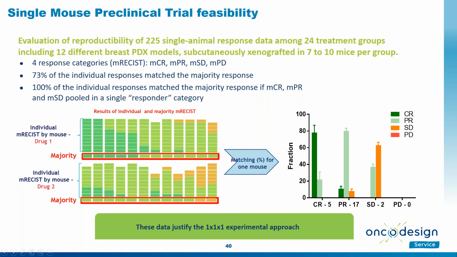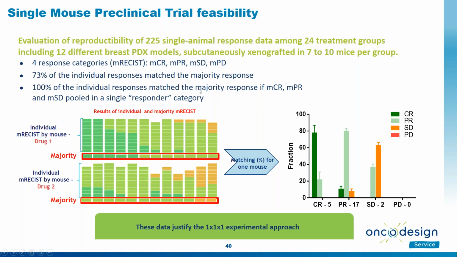Here we have tested two drugs, drug 1 and drug 2, in 12 PDX breast tumor models. We have 7 to 10 mice per group, a classical study, but we analyze the individual response in comparison to the majority of the group response.